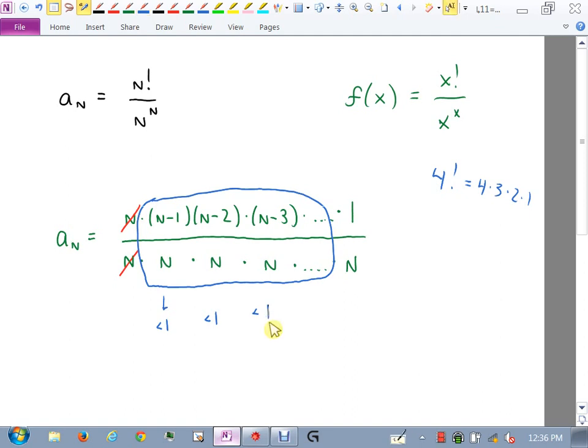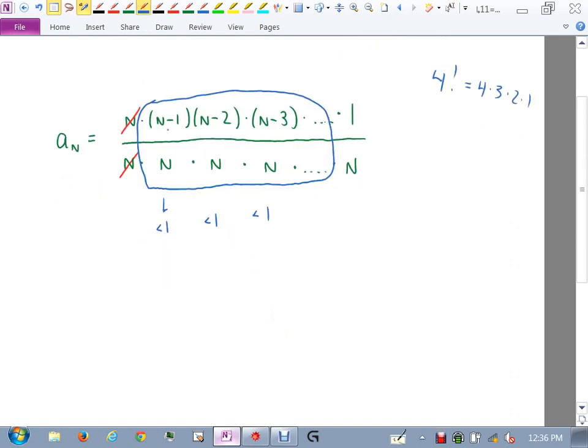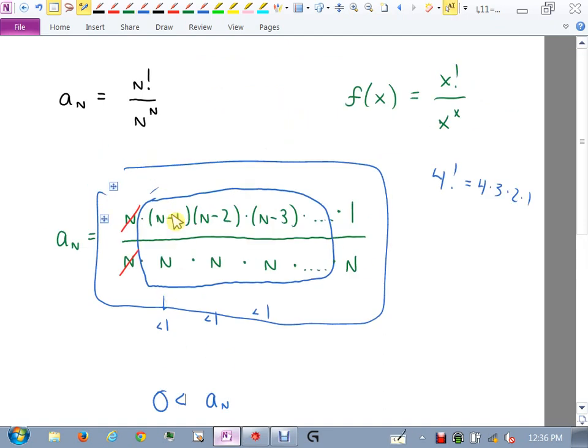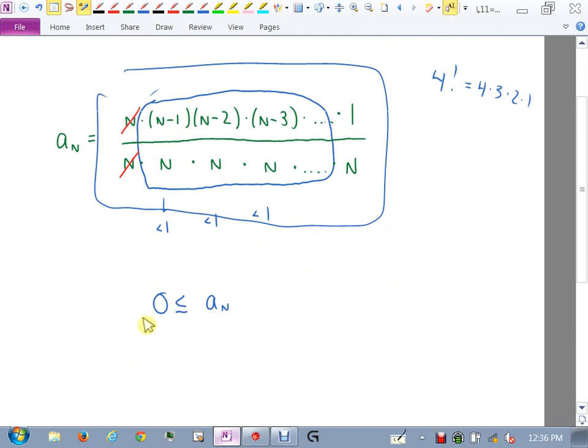What I'm going to try and do is use the squeeze theorem here. I'm going to now show you that this a sub n, which is this whole thing, must be bigger than 0. Do you agree with that? These are positive numbers. It's got to be a positive number, right? And I'll even put equals 0, doesn't change it. And I'm going to say that that's less than 1 over n.